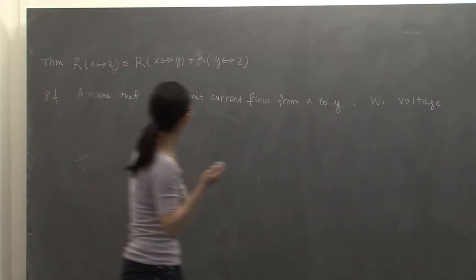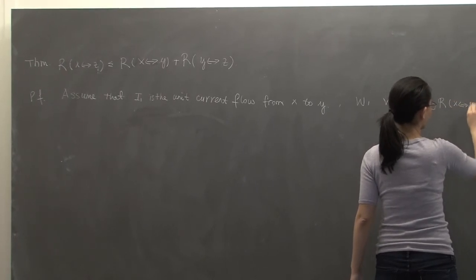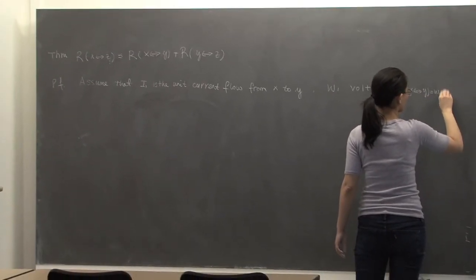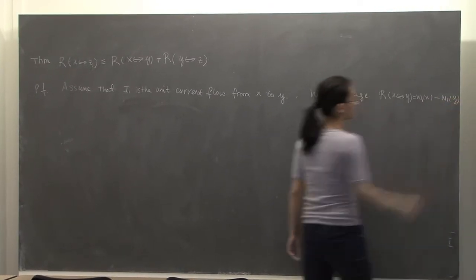Then we know that the effective resistance between X and Y is W1x minus W1y.